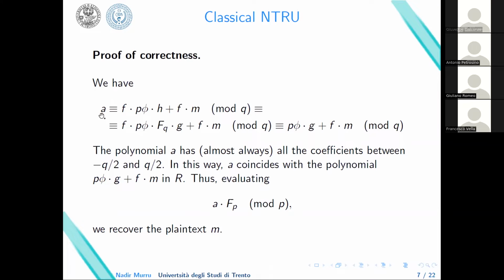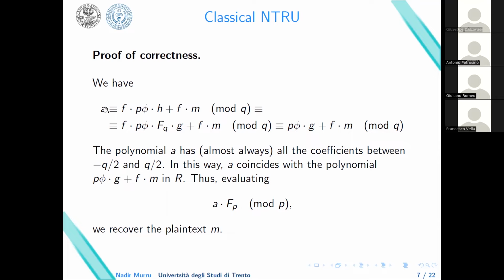So when we evaluate the polynomial A, actually you are evaluating this polynomial and you are reducing it modulo q. If you remember, the public key h is this one. So it is related to the inverse of the private key modulo q. So this is the important issue. Indeed, in this way, these two polynomials become just one, and you are obtaining just this polynomial.